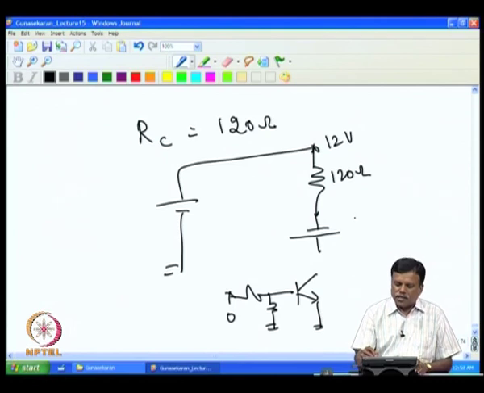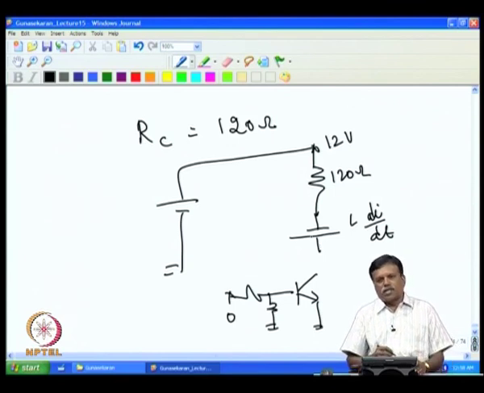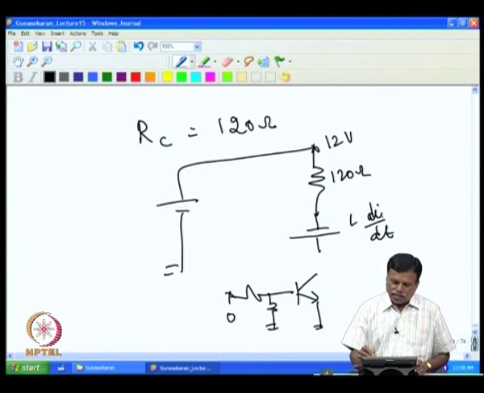This is nothing but L di/dt, the voltage induced in the coil because the current is decreasing.